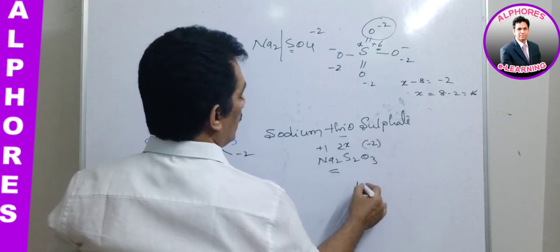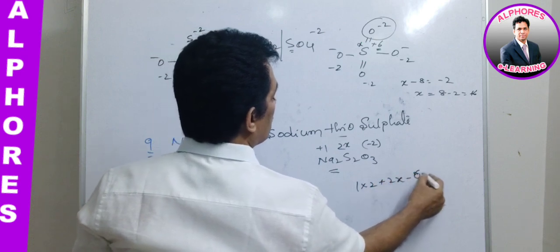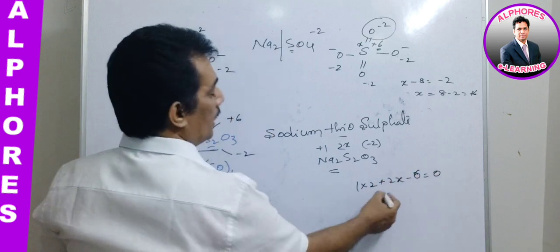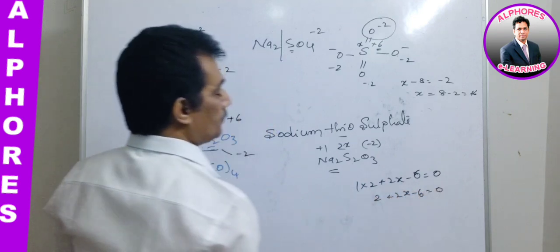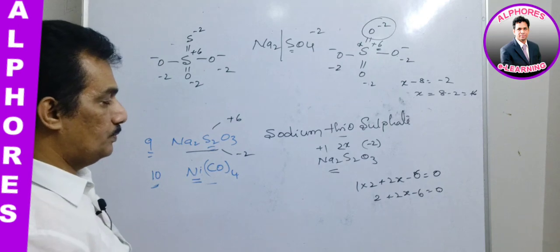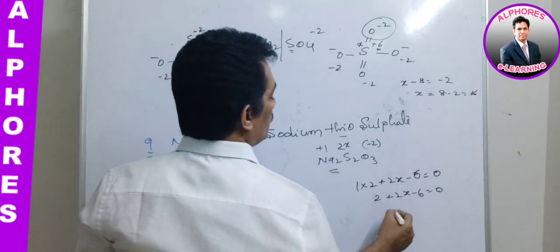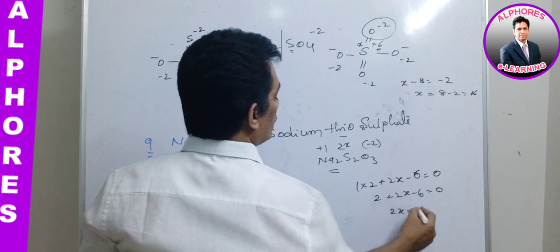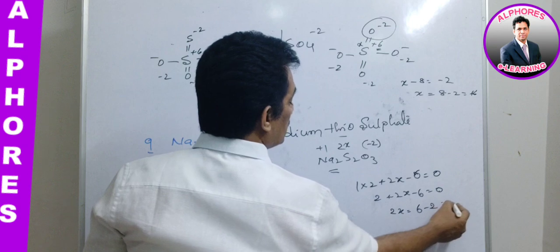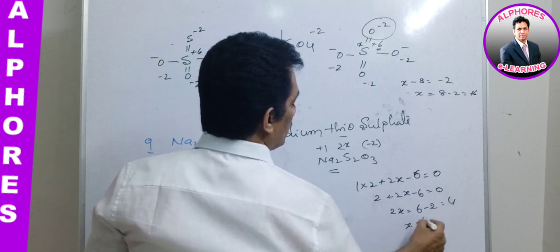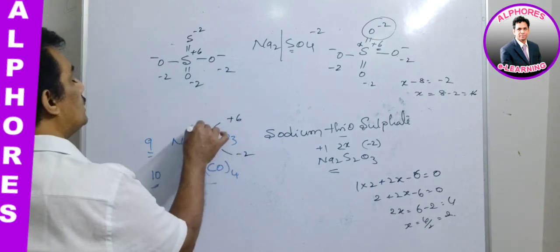So 1 into 2 plus 2X minus 6 is equal to 0. Now 2 plus 2X minus 6 is equal to 0, so 2X is equal to 6 minus 2, that is 4. Then X is equal to 4 by 2, that is 2. So the average oxidation state will be +2.